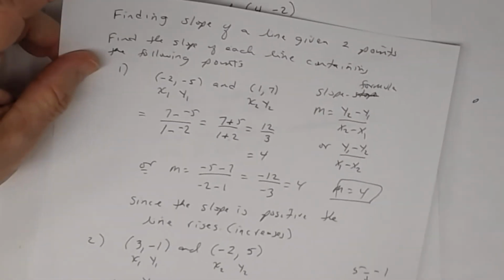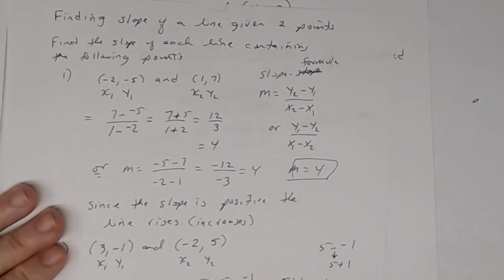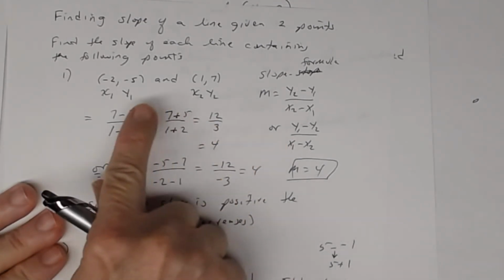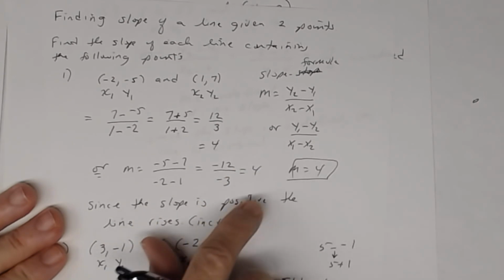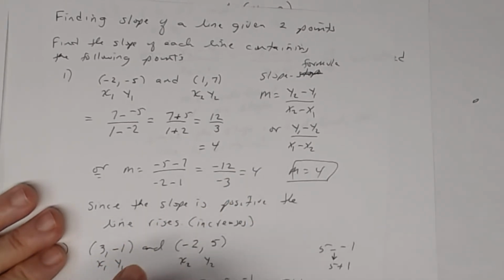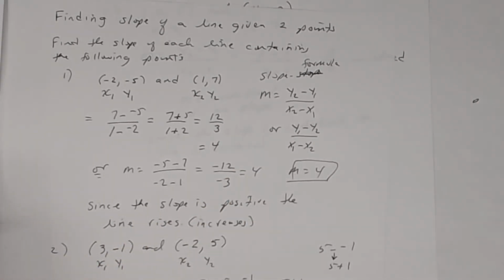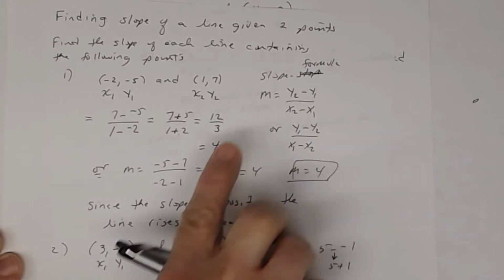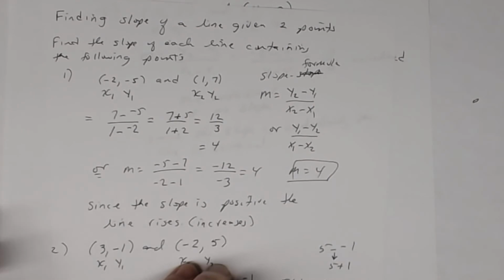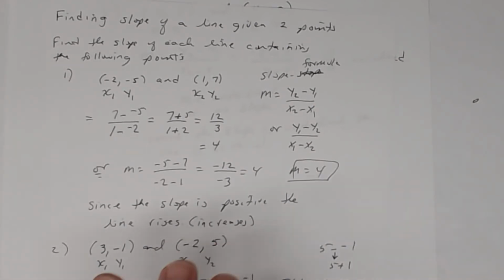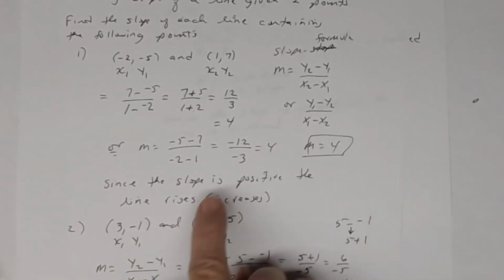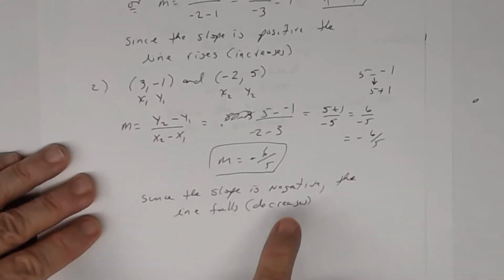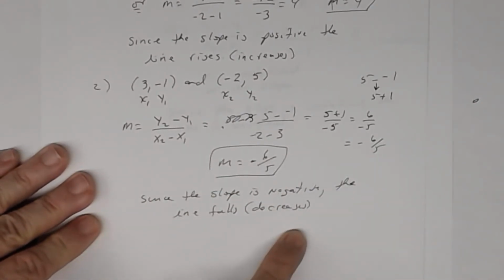So that was just using the slope formula. It's a very simple process to use a slope formula. So you just substitute those values into the formula. But make sure you understand what slope is. And so that's why we talked about how this slope came from, how this formula came from at the beginning. And then we also talked about if the slope is positive, the line rises. If the slope is negative, the line falls.